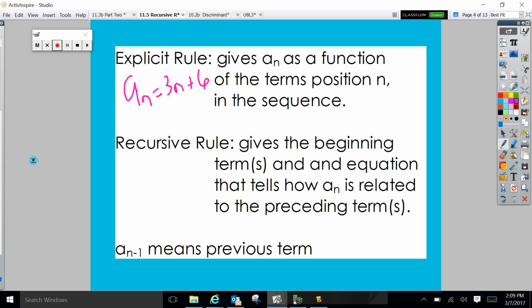It gives the beginning terms and the equation that tells you how to find the next terms relating to the previous term. So reminder that a sub n minus 1 is the previous term.